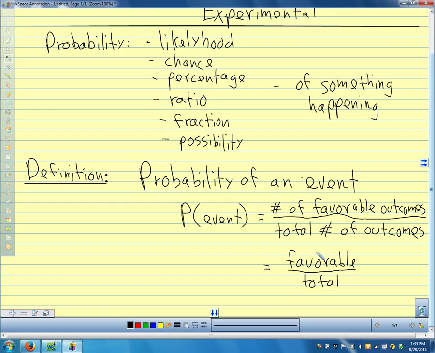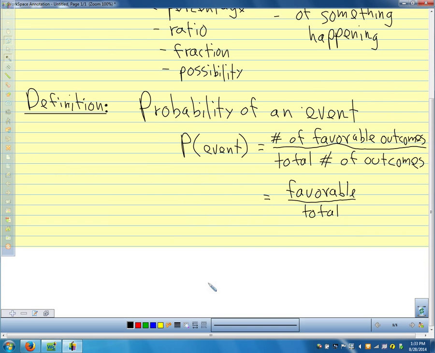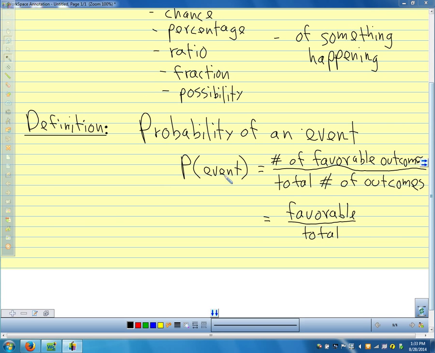Favorable is just the thing we're interested in. We could talk about the probability of, I don't know, failing a test. Not that we want to fail a test, but favorable would be how many times we failed or something like that. So favorable just means the thing we're interested in. And this is our definition of theoretical probability.